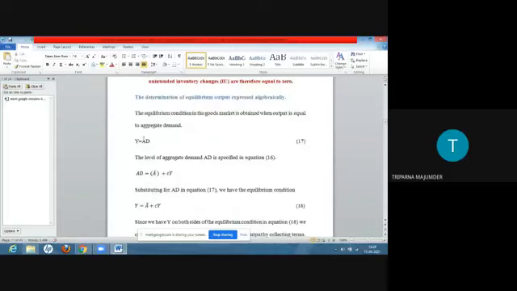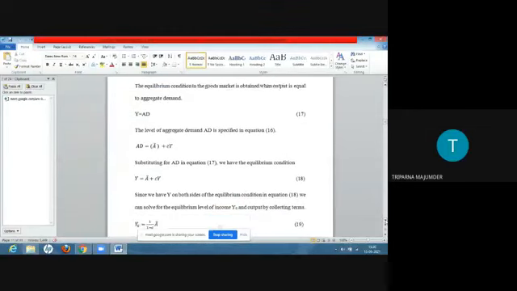Here, Y is equal to AD, or aggregate demand. Now, aggregate demand we have already defined as A bar plus cY. Substituting for AD in this previous equation, we have the equilibrium condition as Y is equal to A bar plus cY.